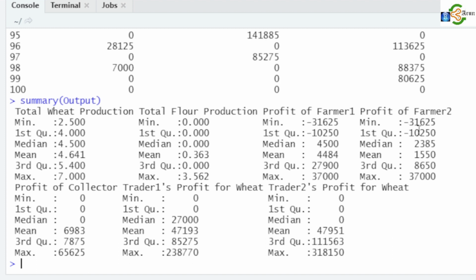And you can see here it's pretty similar for farmer one and farmer two, because we are doing a random simulation for the weather conditions and disease-based conditions. And if we run this simulation more and more times, then it will produce almost identical results for farmer one and farmer two in the long run, or with a large number of runs.